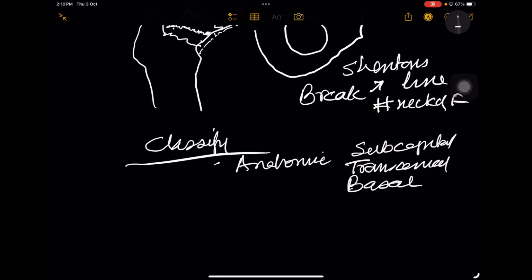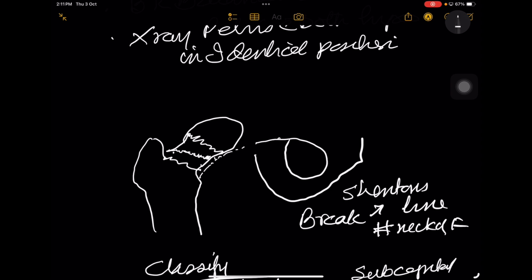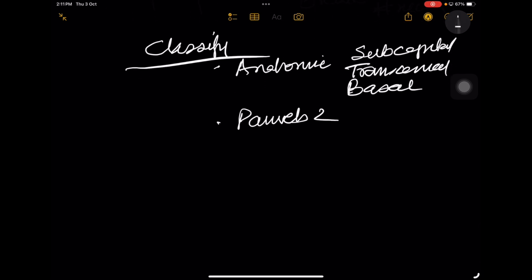The second classification is dependent on what is called Powell's angle. I will draw it for you.